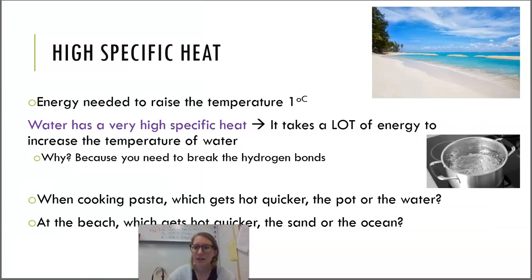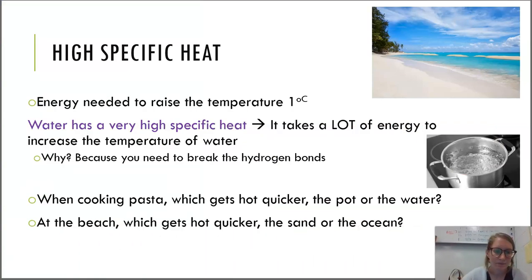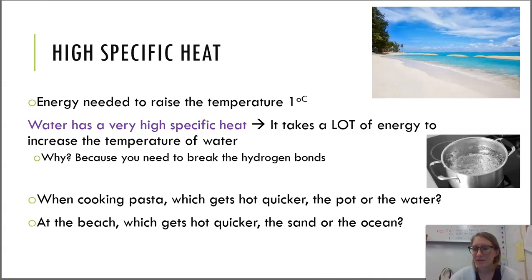High specific heat is the first one. This just means it's the energy required to raise the temperature of something by 1 degree Celsius. Water has a very high specific heat. It takes a whole lot of energy just to increase the temperature of water by 1 degree Celsius, and that's because you have to break those hydrogen bonds.